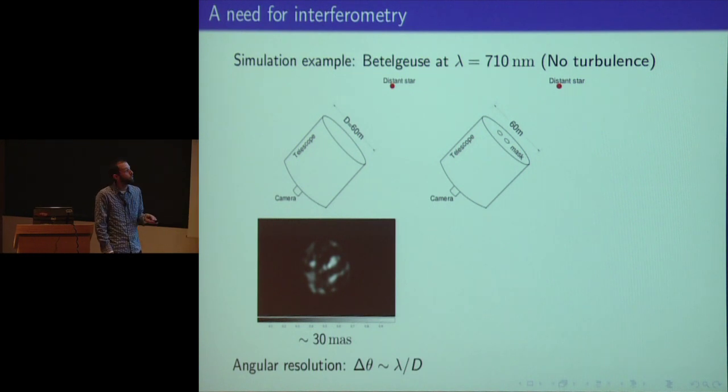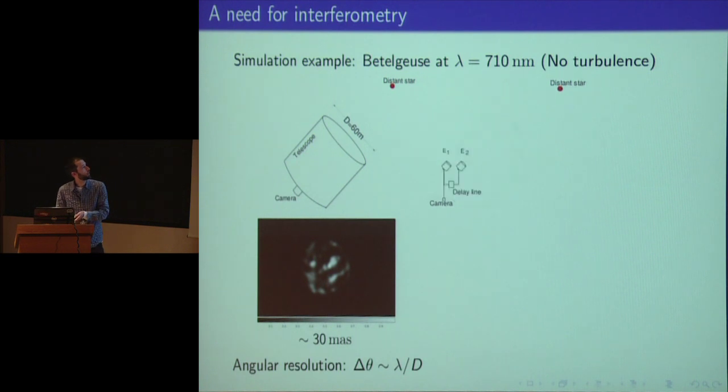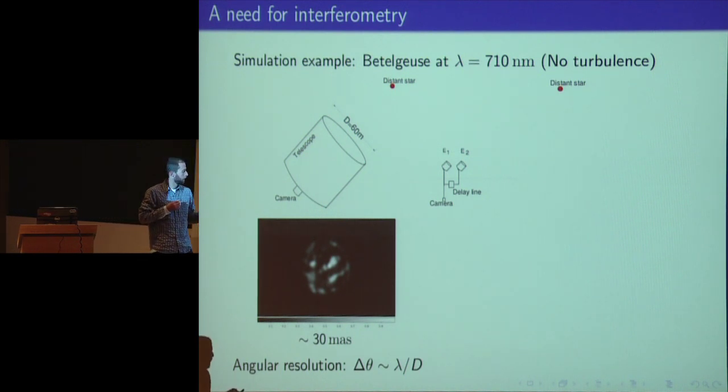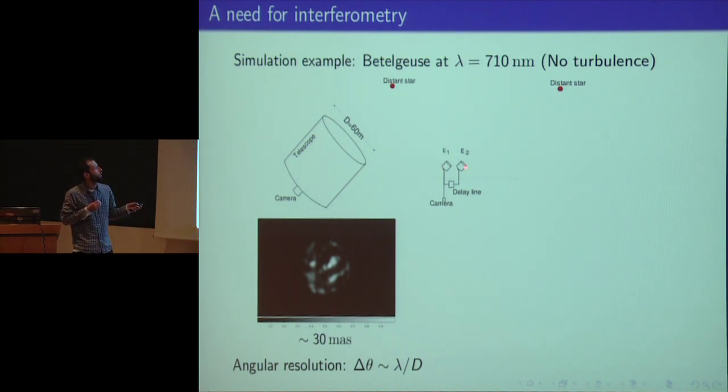Or equivalently, you can think of putting two small telescopes on the ground. You will have to compensate the fact that the light here is reached before than the light here, so you put a small delay line.